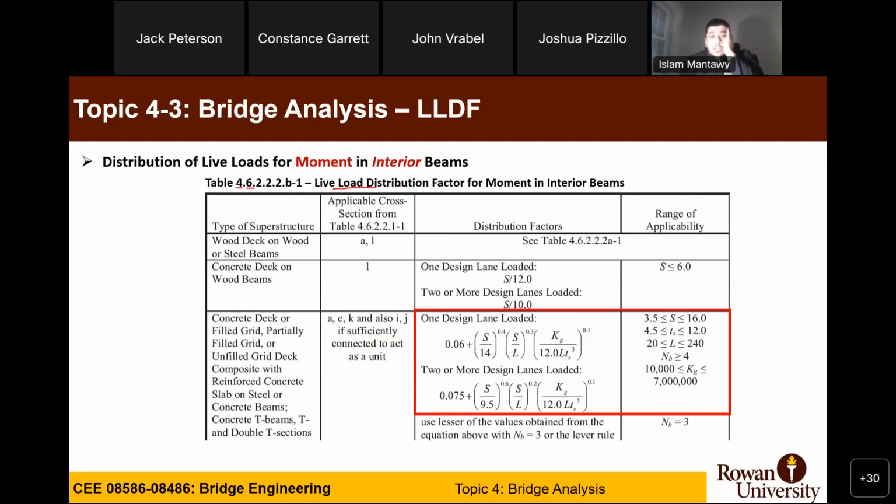It says live load distribution factor for moment in interior beams. I need a volunteer to ask. Maybe Adam. Adam, are you online? Yep.